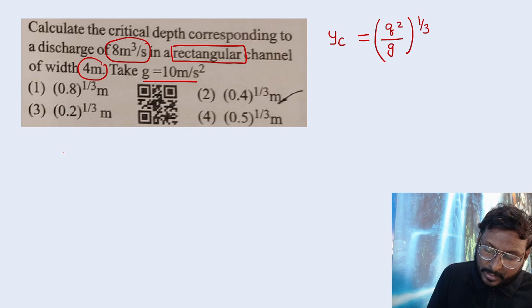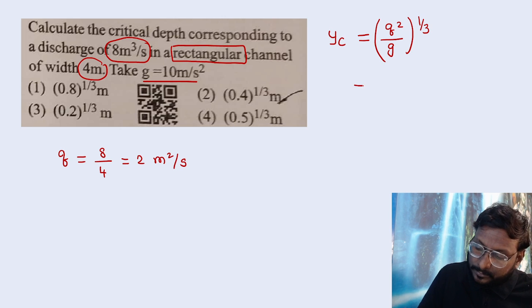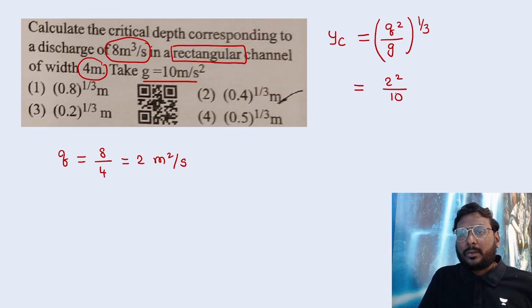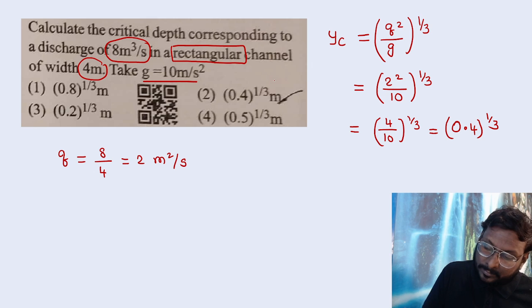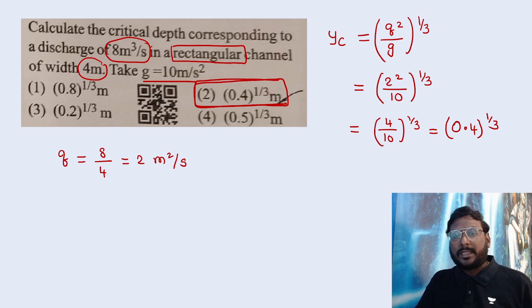So now small q, discharge per unit width, capital Q by 4, is 2 meter square per second. 2 square by 10, whole power 1 by 3. 2 square by 10 is 4, so 4 by 10, which is 0.4, whole power 1 by 3.